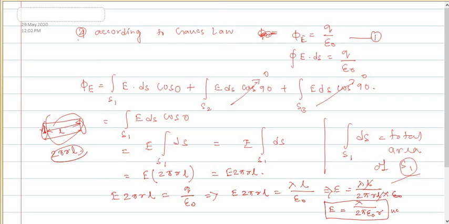We found this out using what? Gauss law. Clear? Very simple. By simply following these 4 steps, we can find the electric field intensity using Gauss law very easily. Similarly, you can also follow these 4 steps to find the electric field intensity of all the objects.